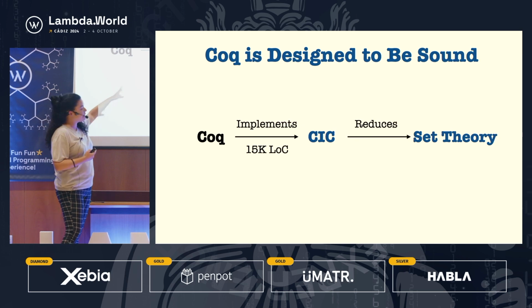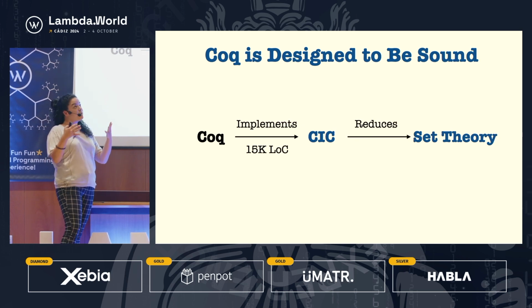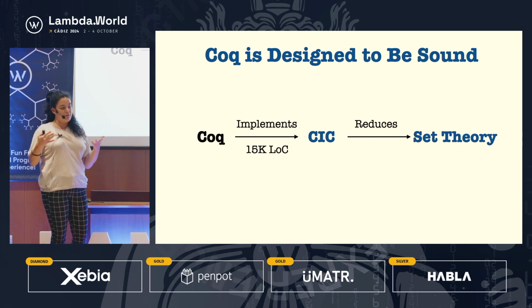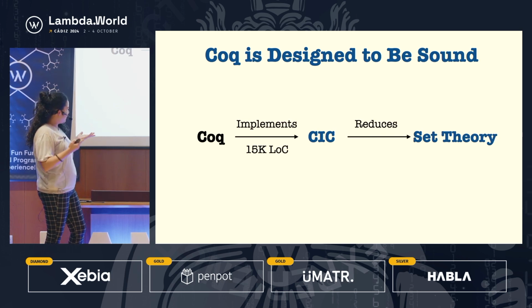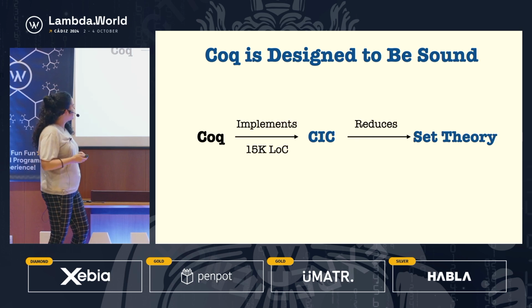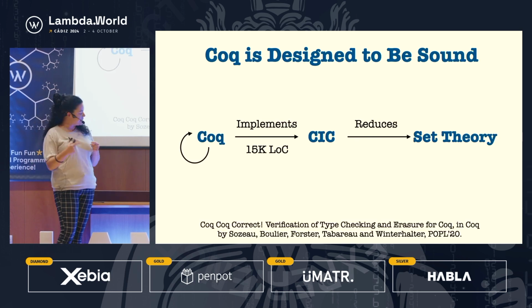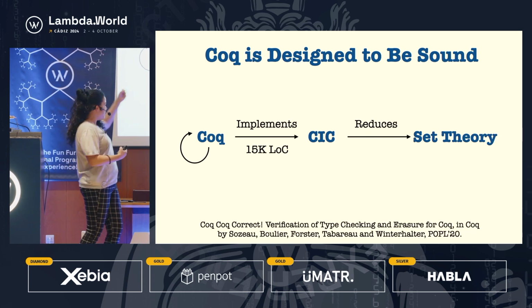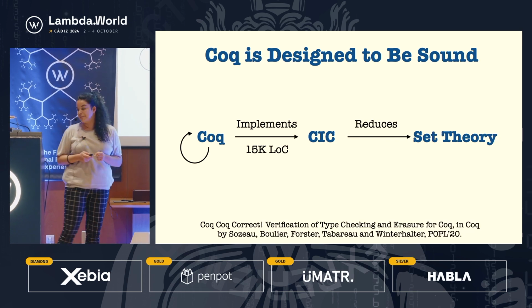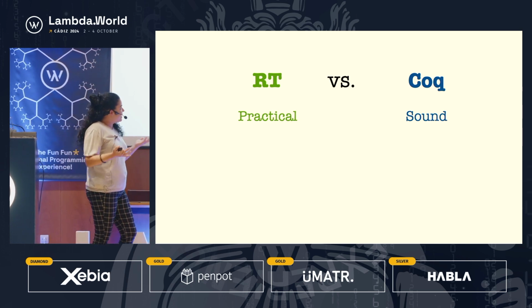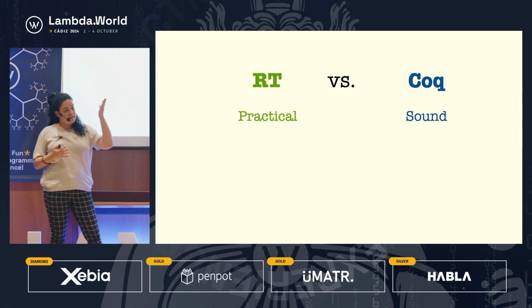So the only point where an unsoundness bug appears is these 15K lines of code that Coq trusts, the kernel. And actually, there is a project that is trying to verify Coq in Coq to remove this source of untrustedness, right?